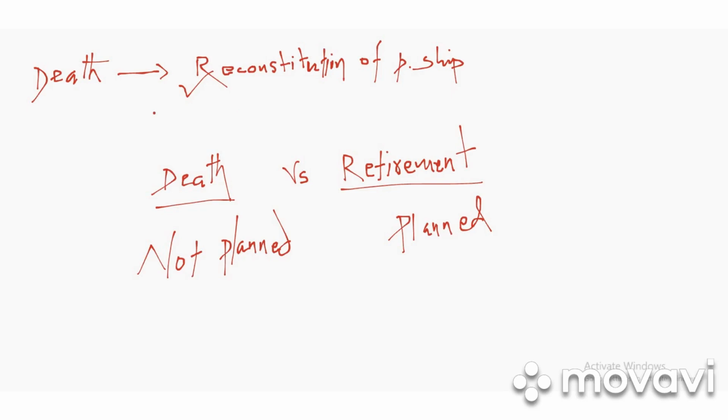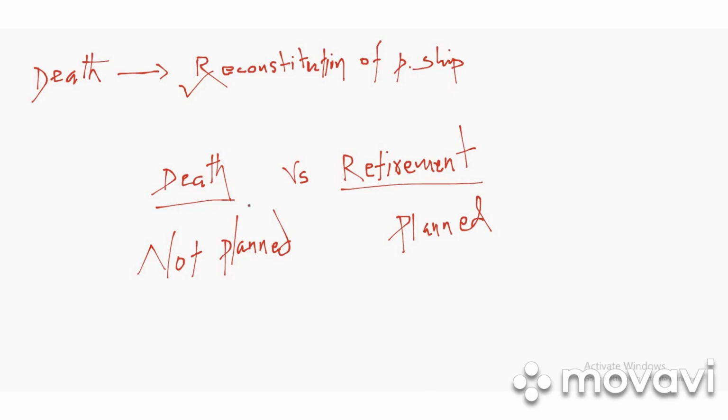One partner is dead, so he is after all going away, and the partnership accounts have to be temporarily closed and a new partnership agreement has to be formed if the other partners decide to continue the business. Okay, so this is also a simple case of reconstitution. The existing partnership will come to an end.